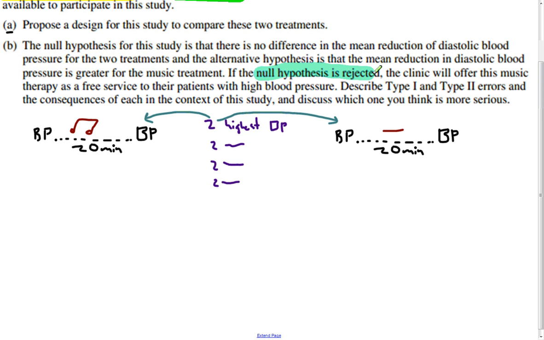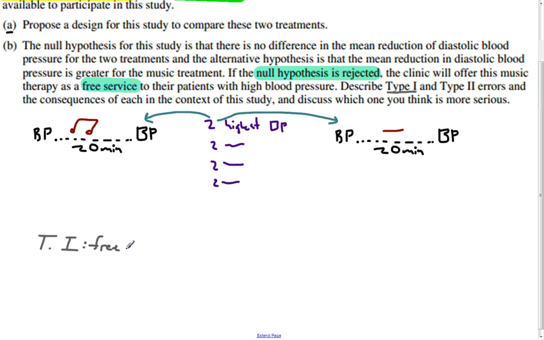So if the null is rejected, the clinic is going to offer music therapy as a free service to their patients. So in this case, if you incorrectly reject the null, that's always a type 1, remember? So if you accidentally reject the null, you're going to be offering free music therapy. So type 1 is going to be free music therapy.